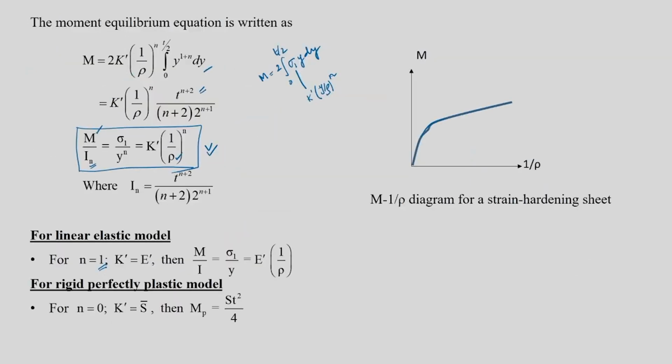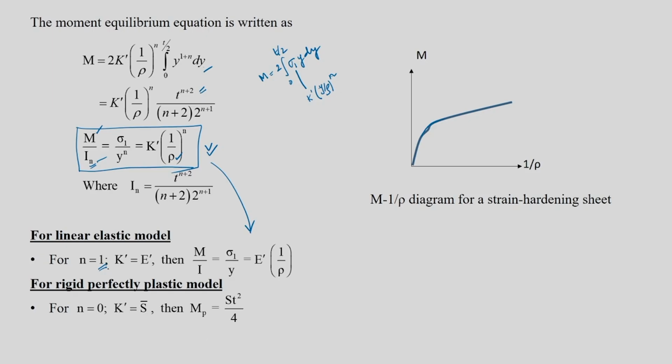So that is what I have said here, k dash is nothing but e dash. Then we can directly write from this equation m by I is nothing but sigma 1 by y is equal to e dash into 1 by rho. When n is equal to 1, if you put, you get this.